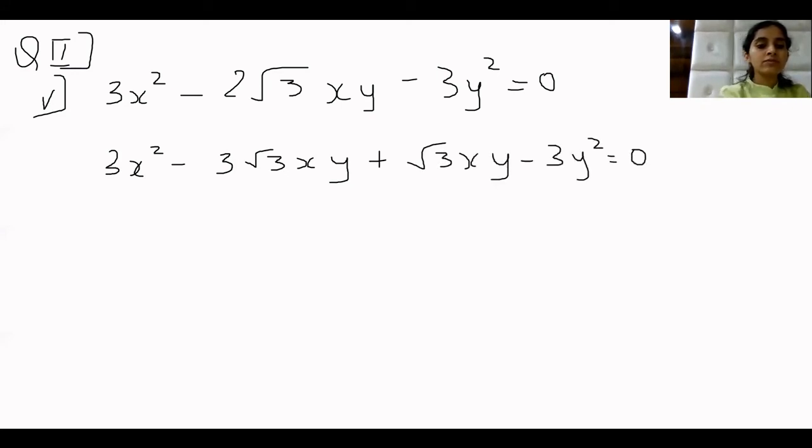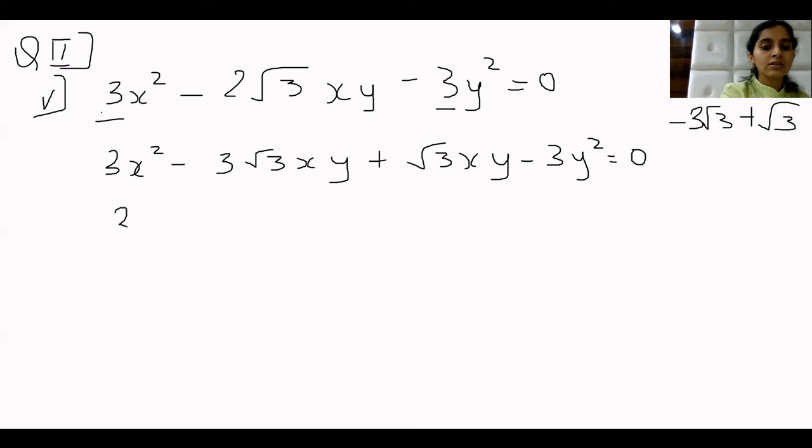So if you observe, the coefficient of x square and y square has to be multiplied, so you get minus 9, and then you find its factors. So this is 3 root 3 into root 3. That is 3 into 3, 9. Now the sign, you want a negative in the center, so that will be minus and plus. Minus into plus is minus. Minus 3 root 3 plus root 3 is minus 2 root 3.